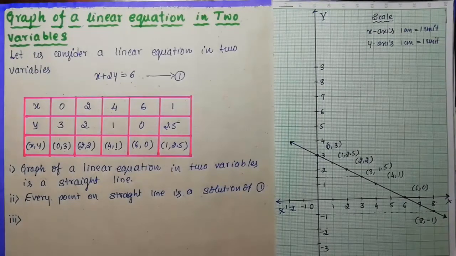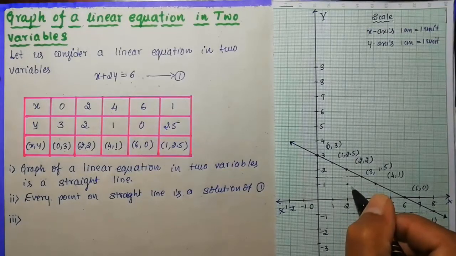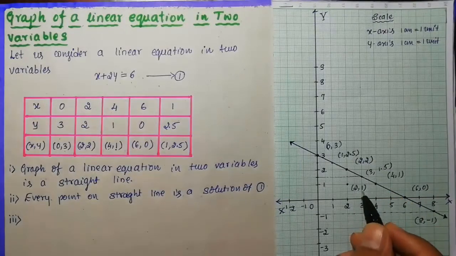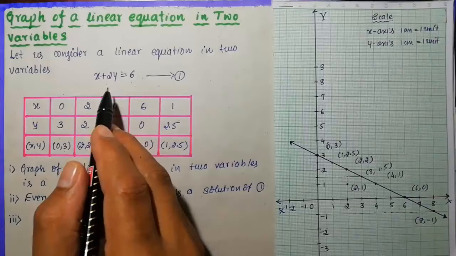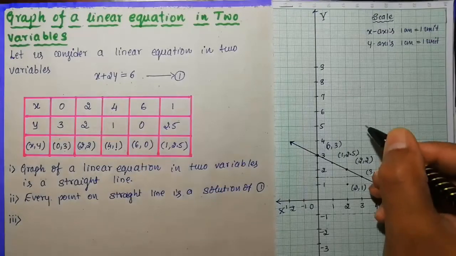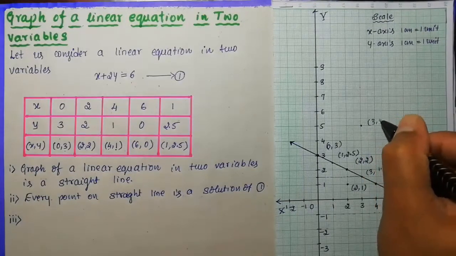Now look at here, I'm going to consider a point which lies outside of the straight line. I'm going to consider this point. What are the coordinates of this point? 2 comma 1. If you place x is equal to 2, y is equal to 1 in this equation, it will not be satisfied. In the same sense, if you take this one, what is the coordinate of this point? It is 3 comma 5.